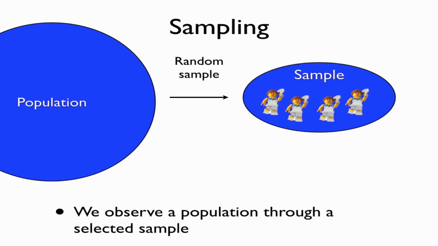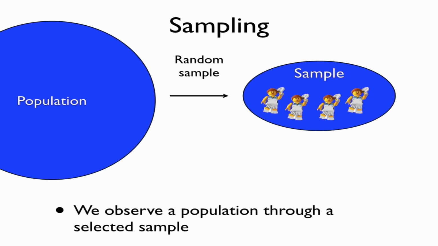Most experiments aim at describing a trait or a set of traits of a population. The way we do so is by picking a random sample out of the population. And this sample will be the set of individuals that we do our experiments on, and the ones that we measure this particular trait that we're interested in on.